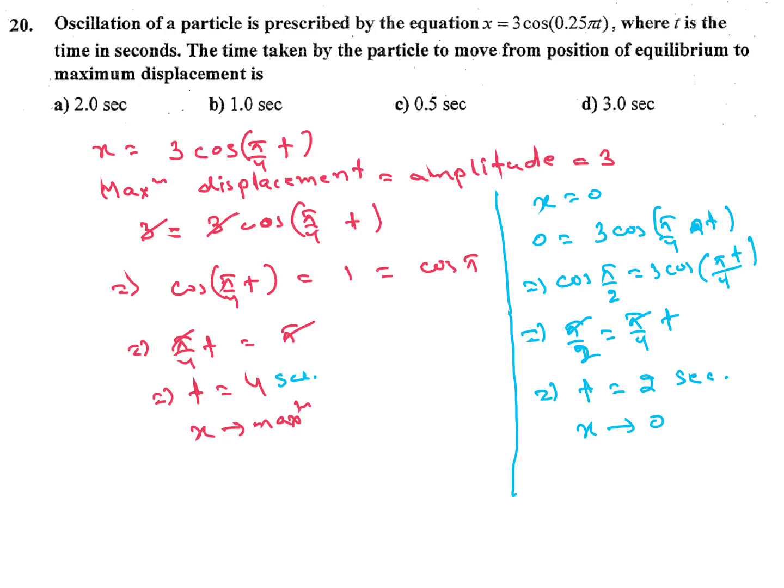In this question they ask time taken by the particle to move from position of equilibrium, x equal to 0, to maximum displacement. Time required is 4 minus 2, that's 2 seconds. A is our answer.